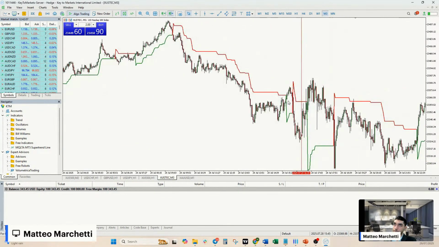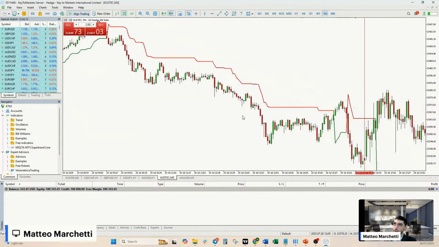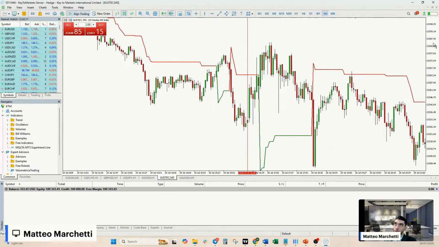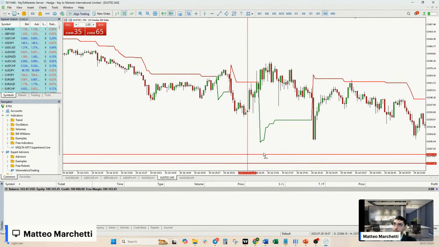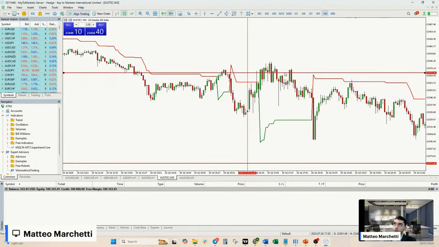We can also continue, and I can give you other details. This is a very important thing, and that's why you need to consider the context and what's going on in the market. You cannot just open your trade because you see the signal. So for example, look at this case.